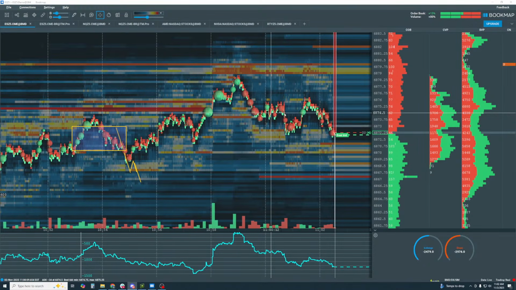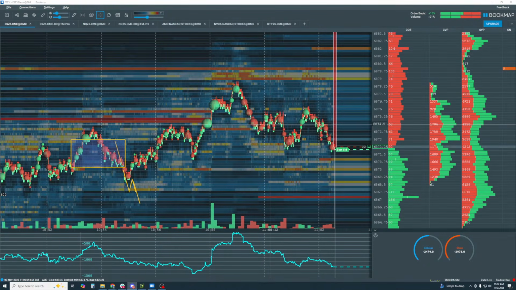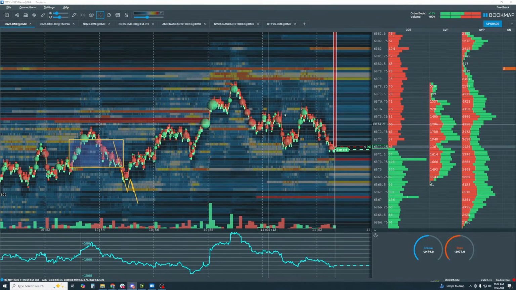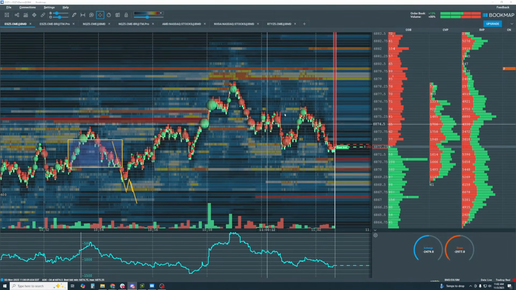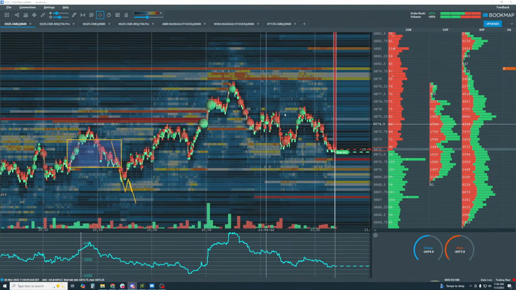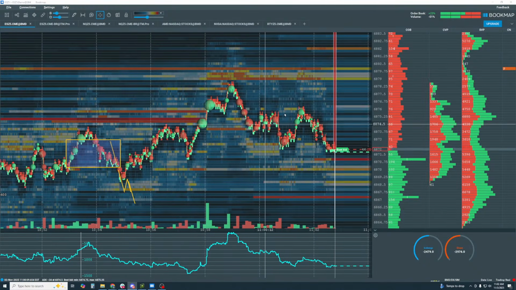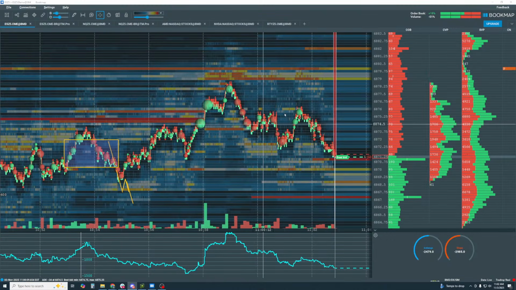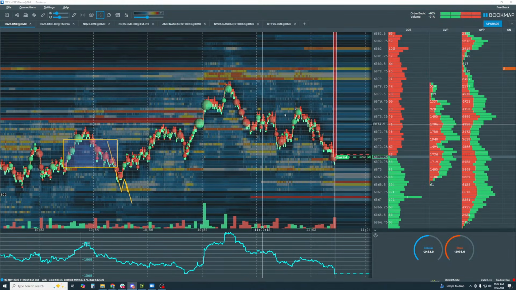Okay, this is again going to happen through your own experience, and from using the replay mode and back testing, but moreover, just starting to understand some of the nuances.